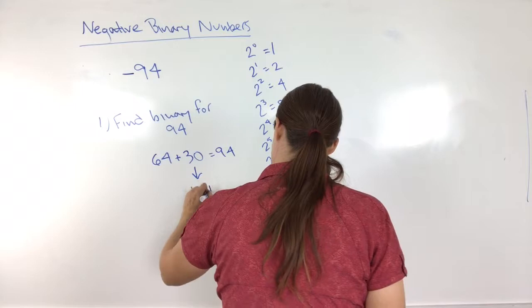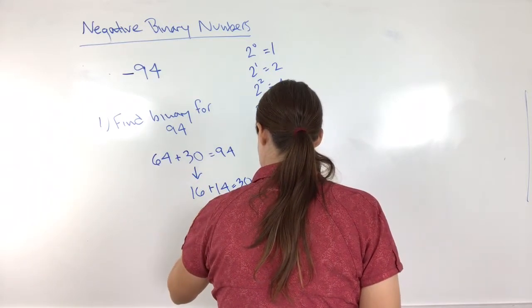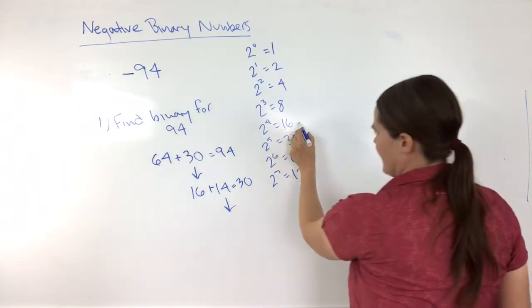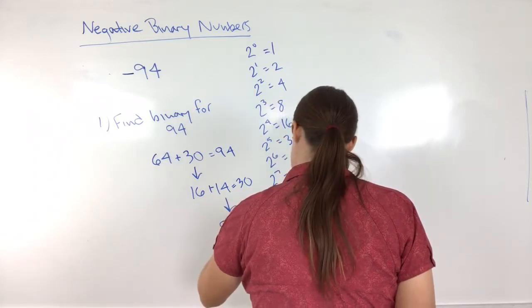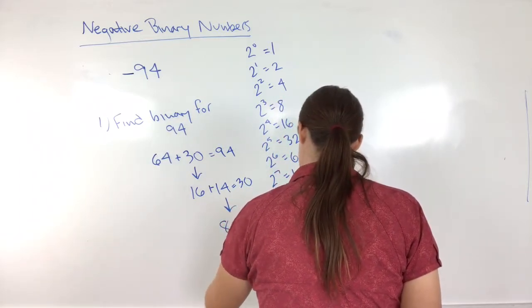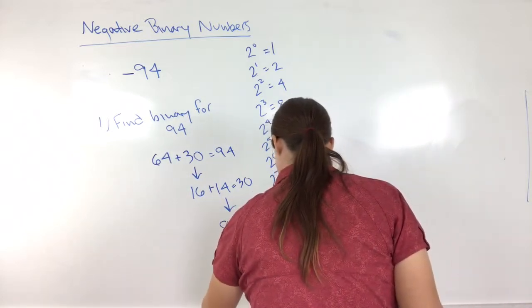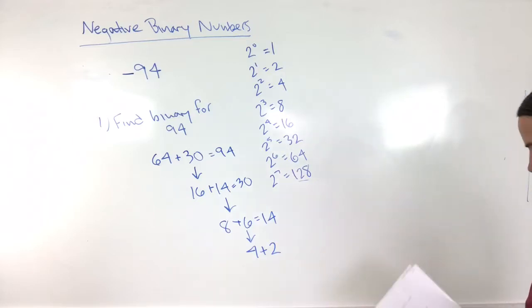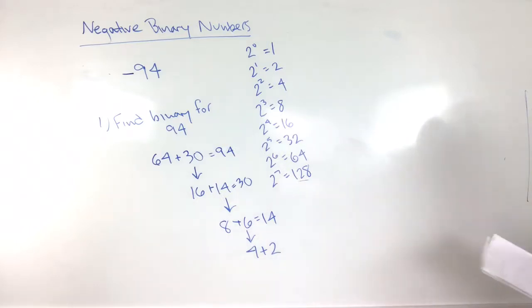So 16 plus 14 is equal to 30. And then going down to 14, 16 is greater than 14, so we go to 8 plus 6 is equal to 14. And then 6 can be split into 4 plus 2. So now we can write down the spaces for our binary number.